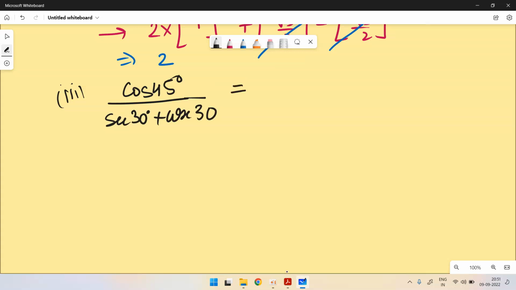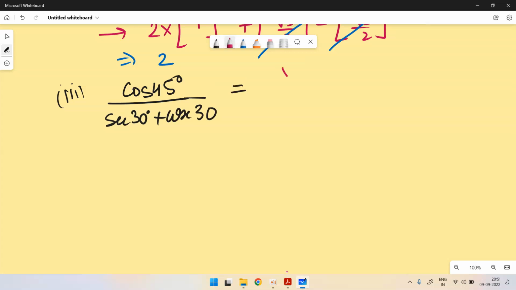You know that cos 45 is 1 by root 2. Secant 30 is the inverse of cos 30, and cos 30 is root 3 by 2, so this is 2 by root 3, plus cosecant 30, which is the inverse of sine 30, which is half, that is 2.